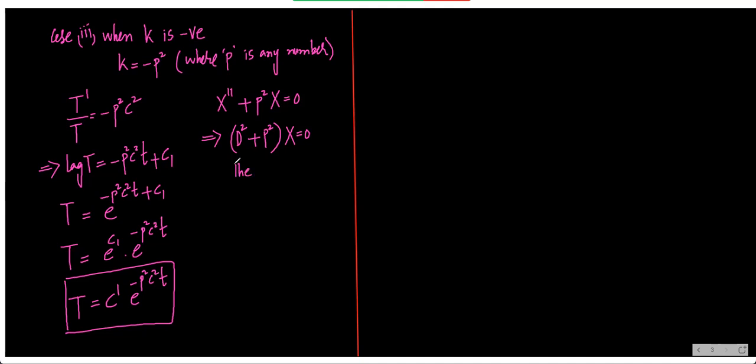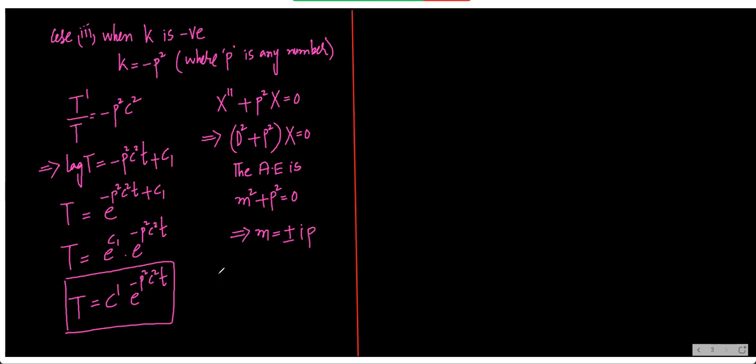The auxiliary equation is m square plus p square is equal to 0, which means that m square value is negative and then m value is plus or minus ip, imaginary part.